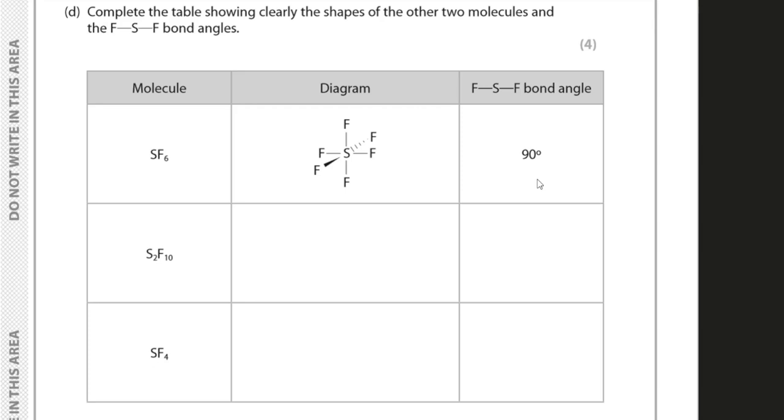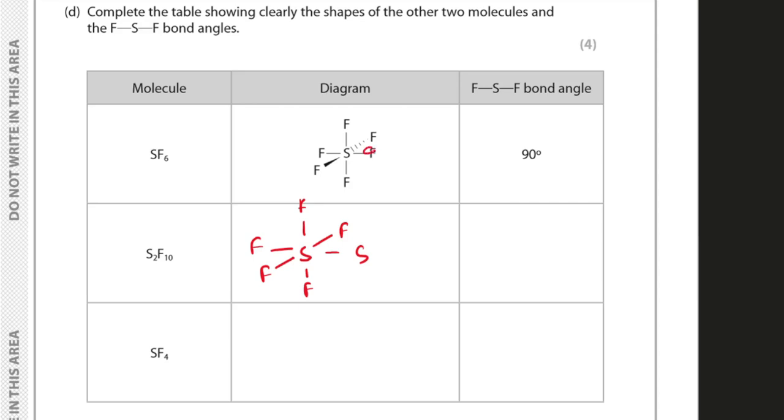Okay, first of all they gave S2F10, so this means that 2 sulfurs are connected, and we already have an idea of how the SF6 molecule would be, an octahedral shape, something like this.